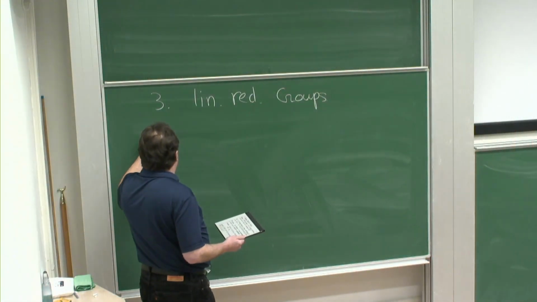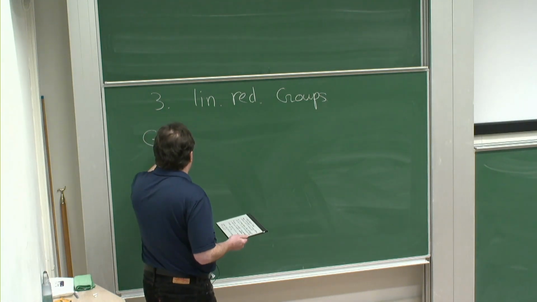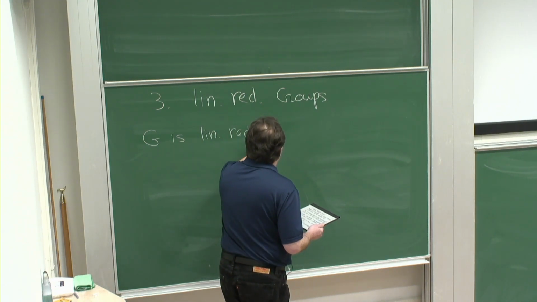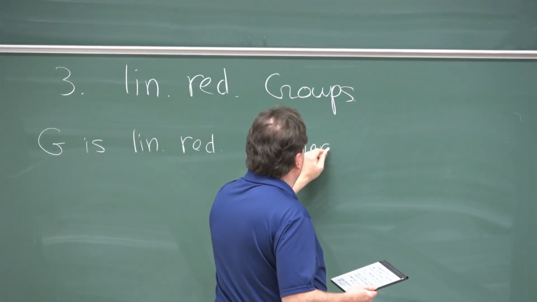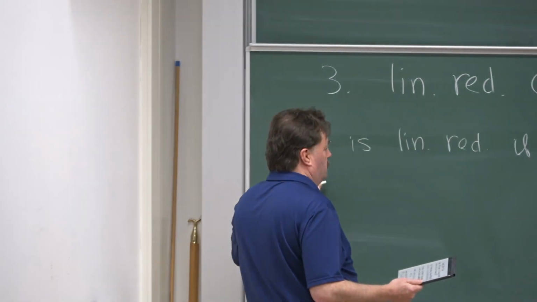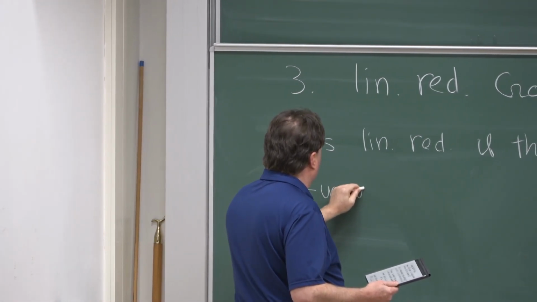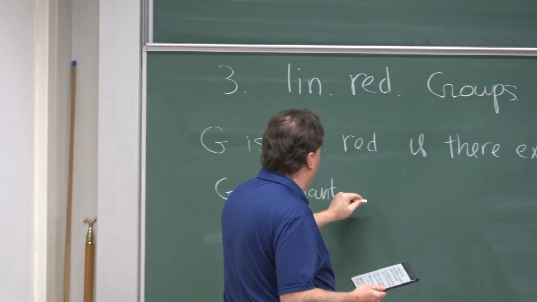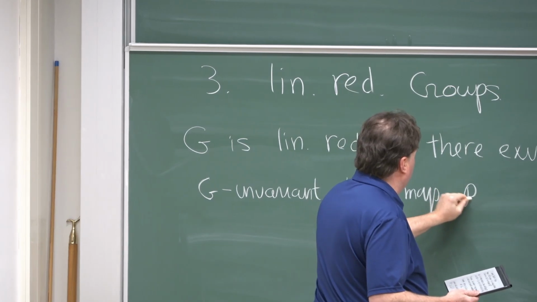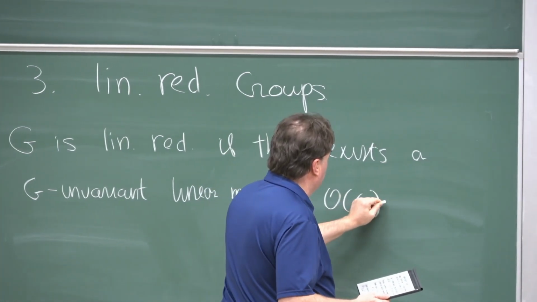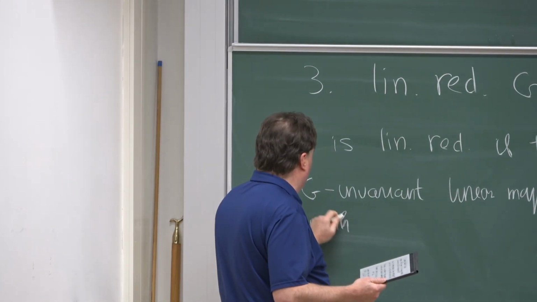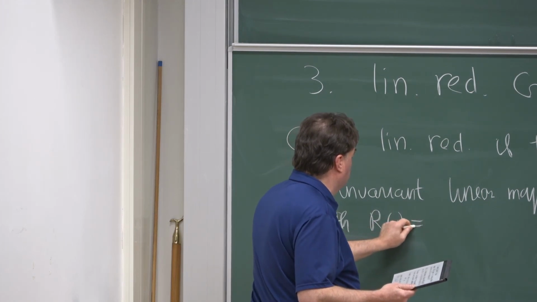If you have an affine algebraic group G, it's linearly reductive if there exists a G-invariant linear map from the coordinate ring of G to the base field, and we normalize it such that R of 1 is equal to 1.